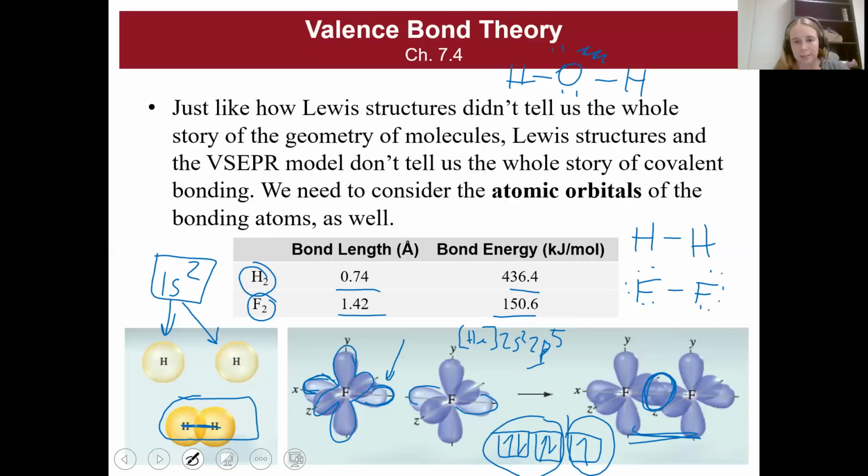That's how valence bond theory explains bond length and bond energy a little bit. The fluorine orbitals overlap only on a little end, so it's easier to break apart, whereas hydrogen overlaps on a big scale, like a nice Venn diagram, so it's harder to break apart.